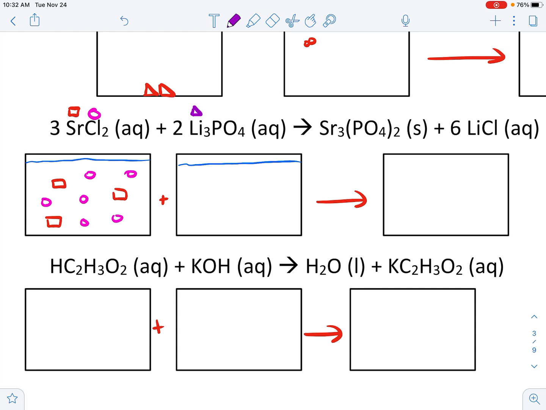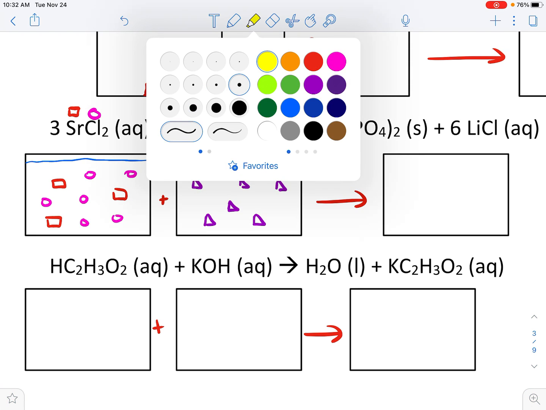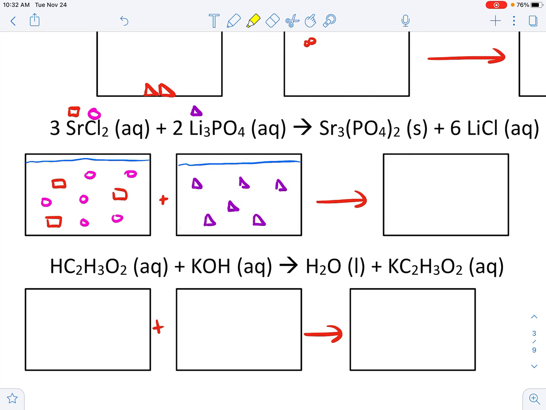So there are going to be 6 triangles here. We're going to keep our PO4 all together, and that's going to be a yellow dot. And there are going to be 2 yellow dots there.